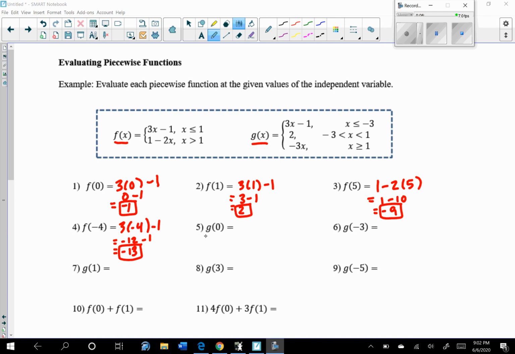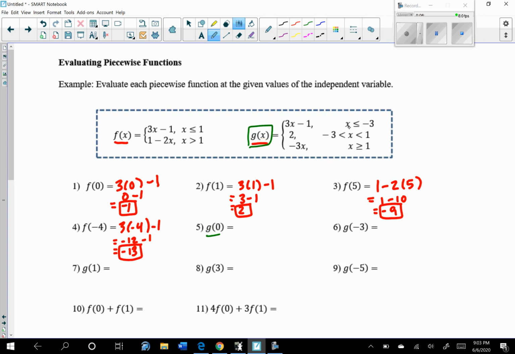For the next equation, now notice it's g of 0, so that means we're going to be using this piecewise function. So we have 0, and we want to look at our domain restrictions to see which function we're going to plug it into, the top, middle, or the bottom. So if I look at 0, is 0 less than or equal to negative 3?